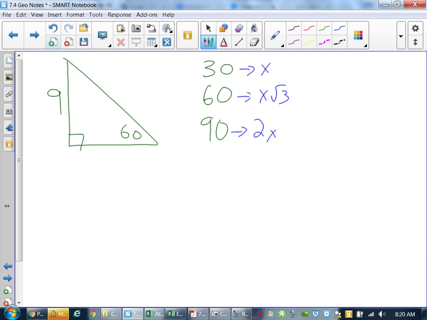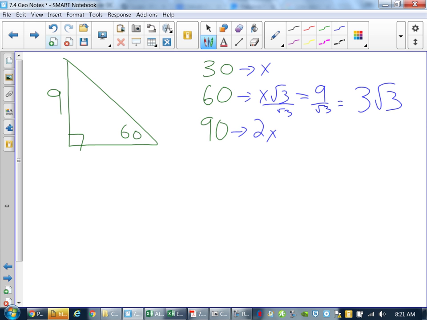You know that means that across from the 60, this has to equal 9. How do you undo multiply again? Divide. Now we're dividing by square root of 3. Well, that's how you get the value of x. What'd you get? You get 3 root 3. So your value of x is 3 root 3.